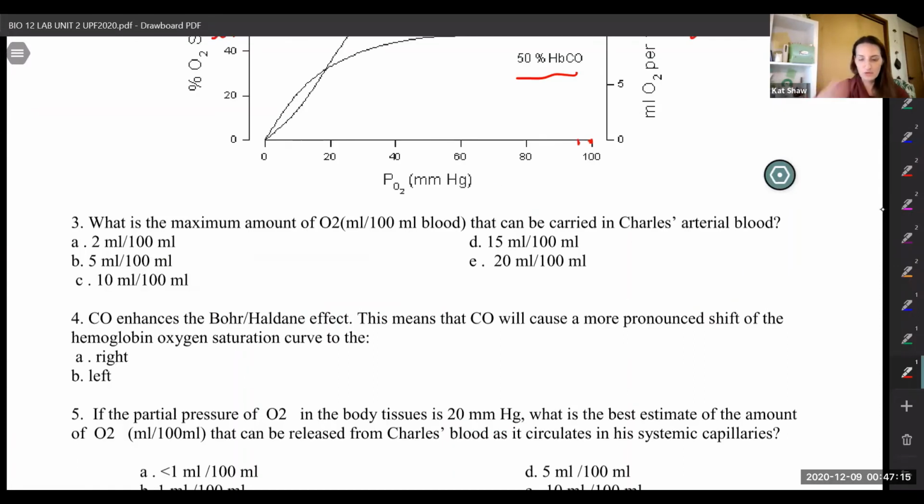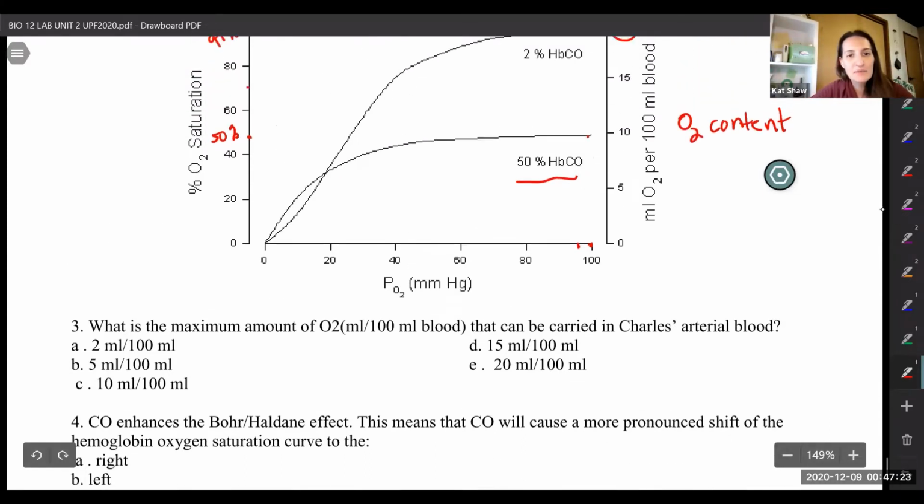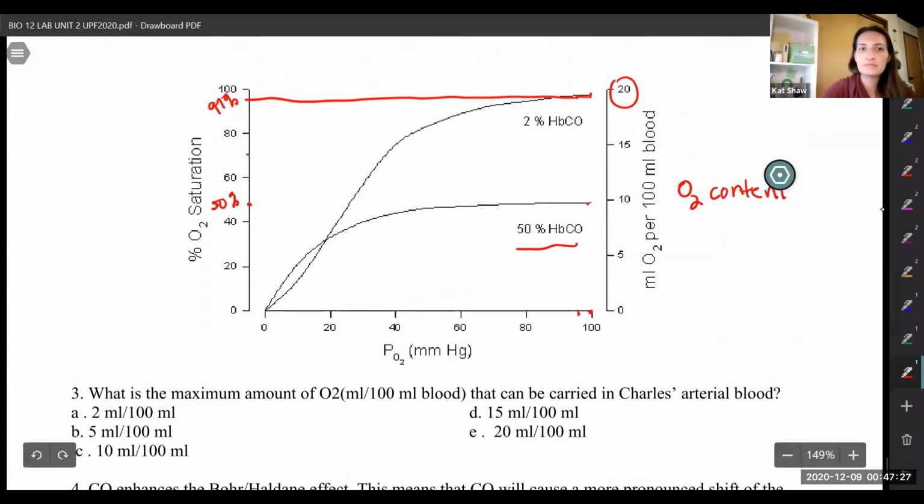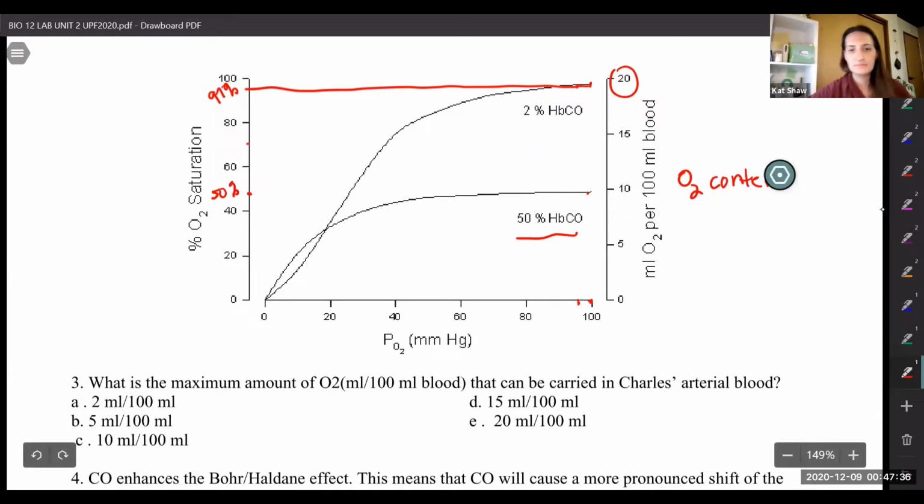That then brings us to question number 3, still based on this curve here. What is the maximum amount of oxygen that can be carried in Charles' arterial blood? What is his maximum oxygen content? What would you say?